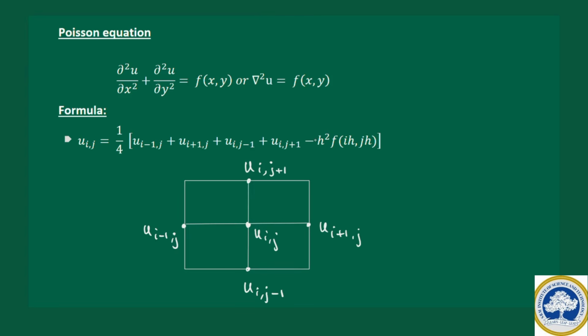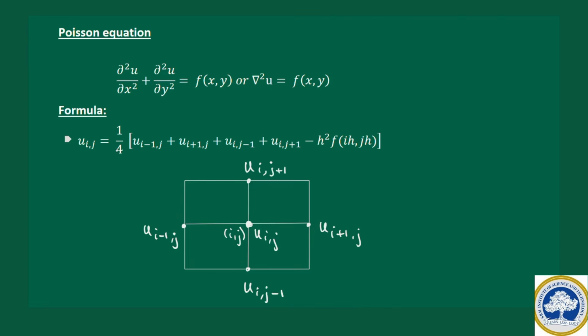And then what about this h² f(ih, jh)? We can substitute the value for h according to the problem, and this coordinate point is (i, j), so we use this (i, j) to find out the function value. If you want to find this particular value u(i,j), you have to use the standard 5-point formula, that is the average of the adjacent 4 points which lie horizontally and vertically.